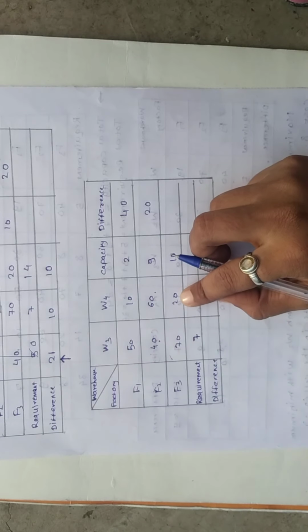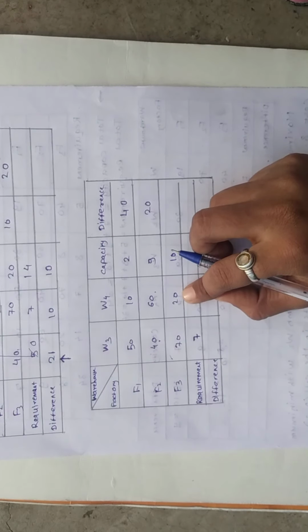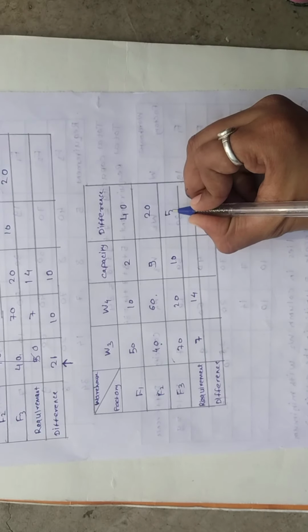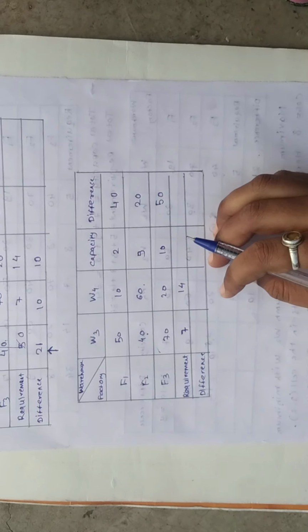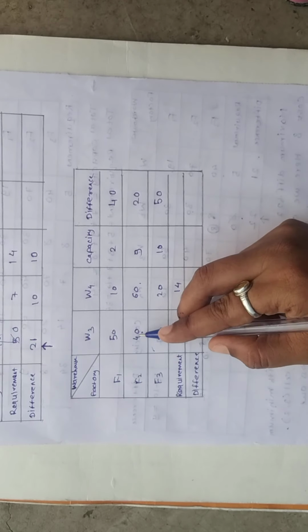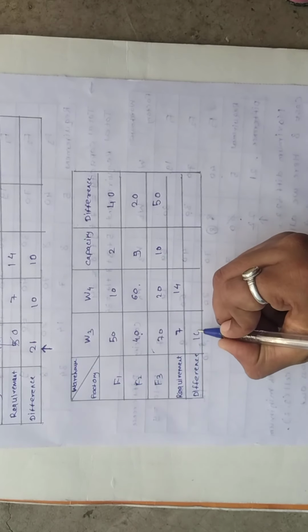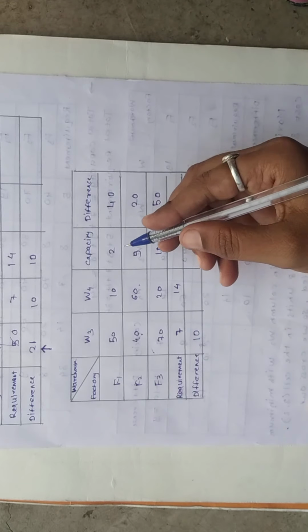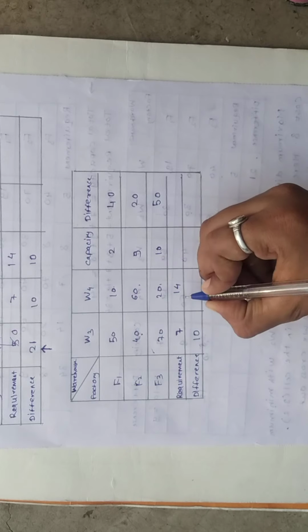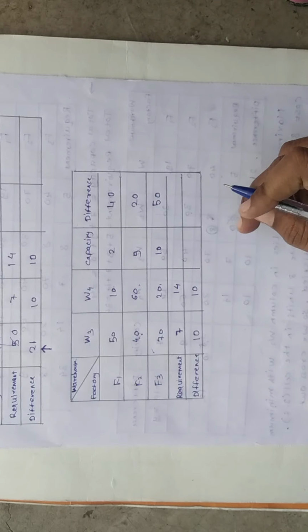The smallest cost is 20, the second smallest cost is 70, so their difference is 50. For column, 40 and 50, so their difference is 10. Here the smallest cost 10, second smallest cost 20, so their difference is 10.